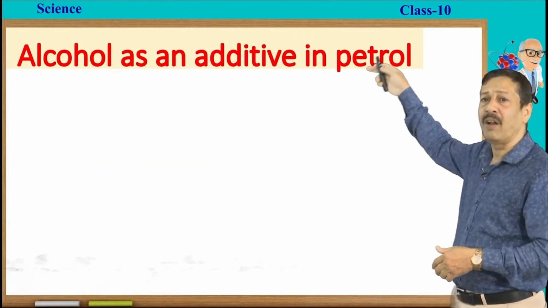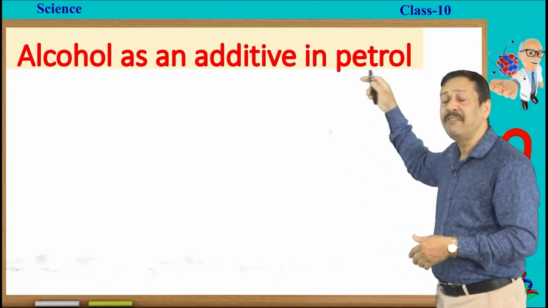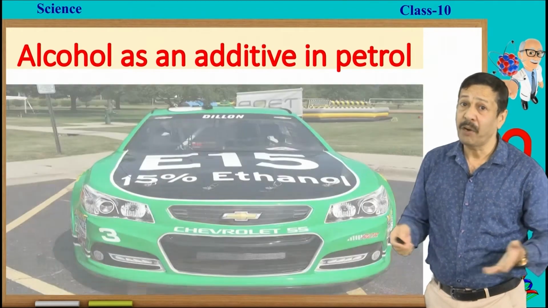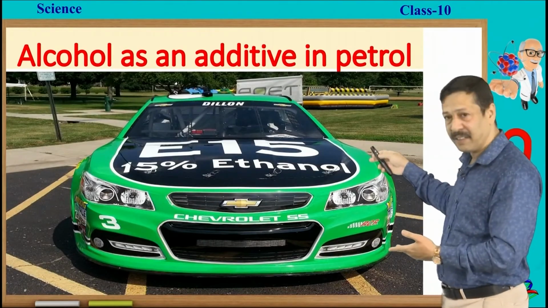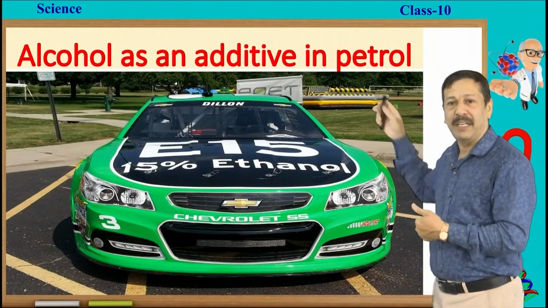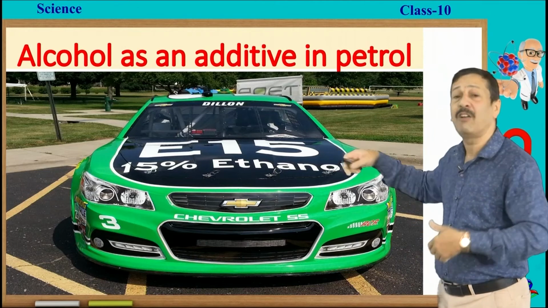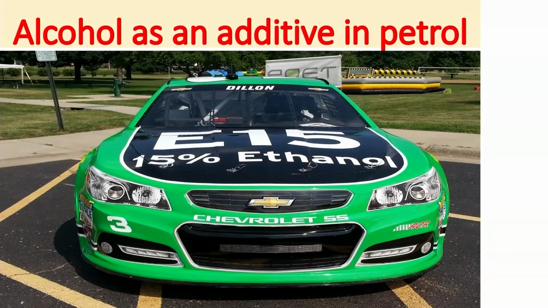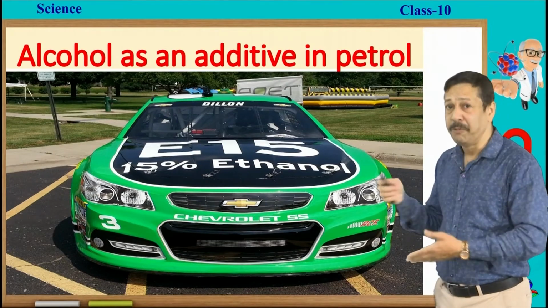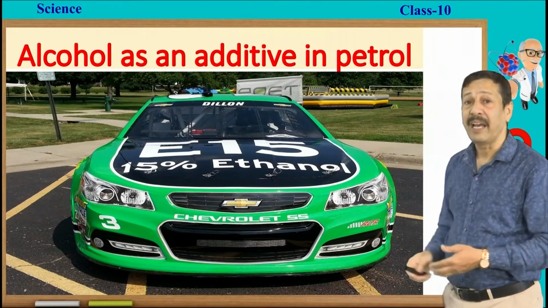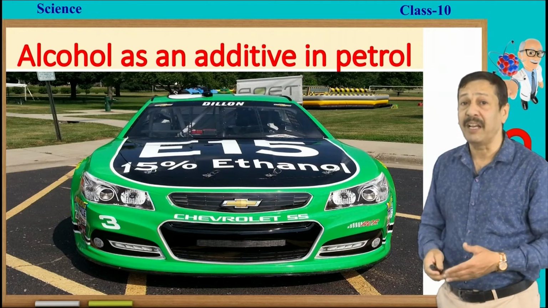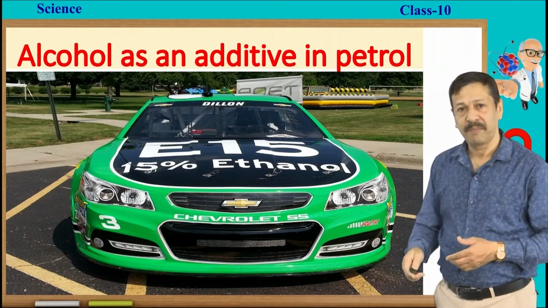Now alcohol is an additive in petrol. This is a very important one. What are you seeing here? E15, where 15% ethanol is added. So in the near future we can use ethanol as a major fuel in all vehicles.